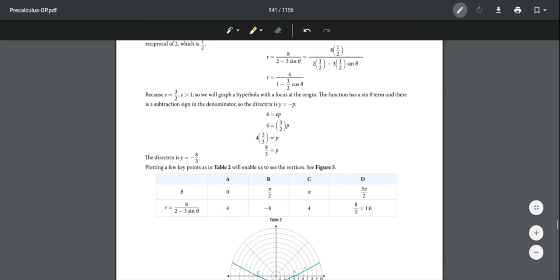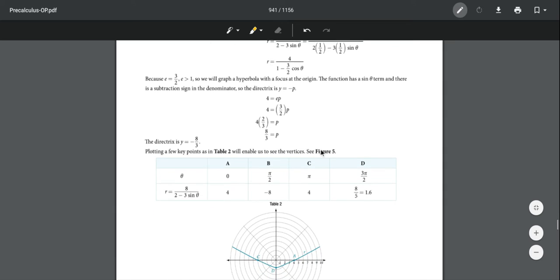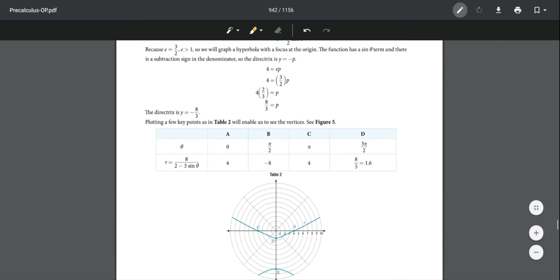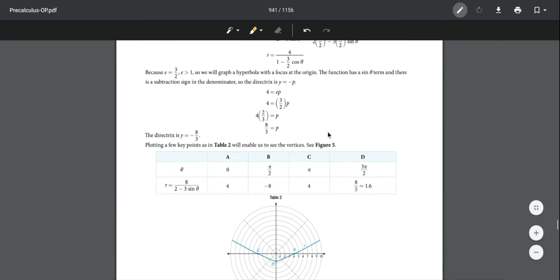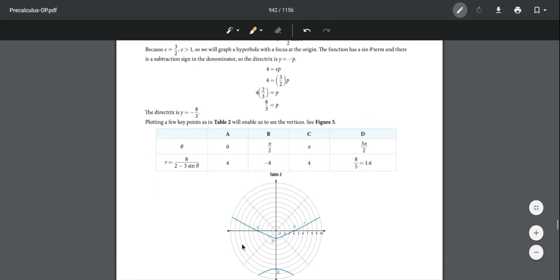And it's negative, so that directrix is at negative 8/3, because it's negative. It isn't halfway between the two, but it is between them.